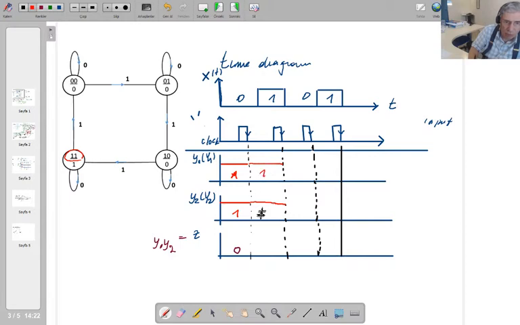So I am in this state now, and I'm going to apply 1. So you see here on that edge, this is where you accept the input. So for this edge, you accept this input 1. So present state is 1, 1. Your input is 1. Your next state is 0, 0.